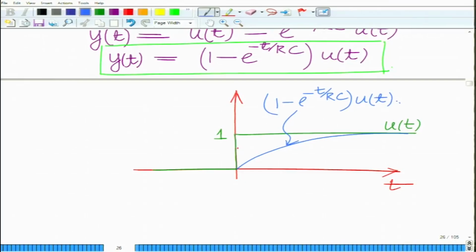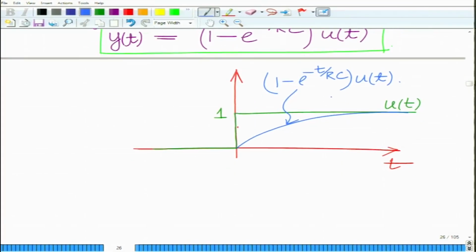Okay. And this RC is known as the time constant. Larger the time constant implies slower the rise. If the time constant is larger, it means the rise is more sluggish.